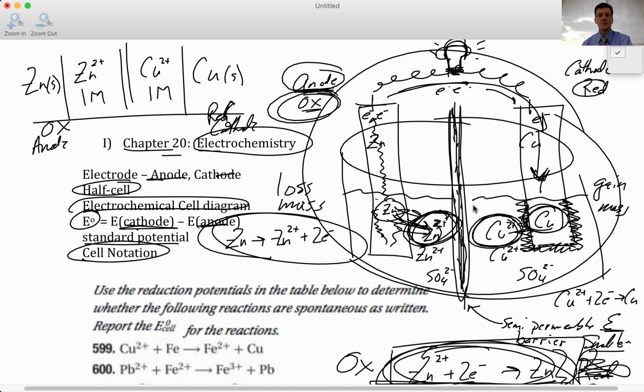So there's going to be a flow of charges. The positive charges, since there's more and more positive charges being built up on the left side, they're going to flow through the semi-permeable membrane from left to right. Okay? And the negatives are going to flow from right to left to try to keep the two sides neutral as far as the charges in the solutions.